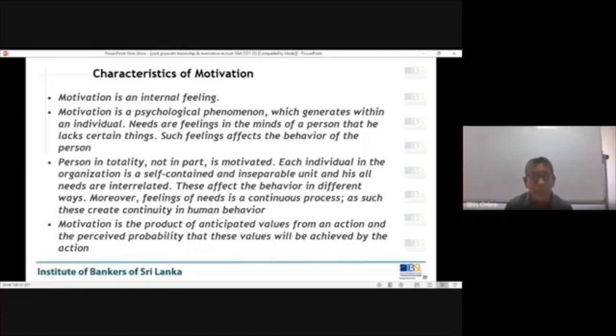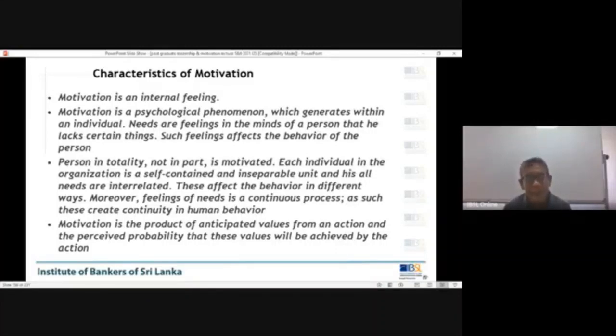So we need to motivate the whole person. The employee of an organization is an inseparable unit. You cannot run an organization without people. That is why we discussed at the very beginning that an organization is a group of people who work together to achieve a common purpose. Can you remember all these things? So all are interrelated.